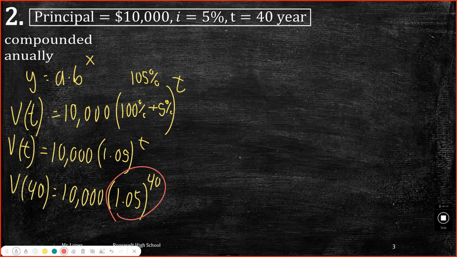How much is your investment value at the end of 40 years? 70,399, which is 400.